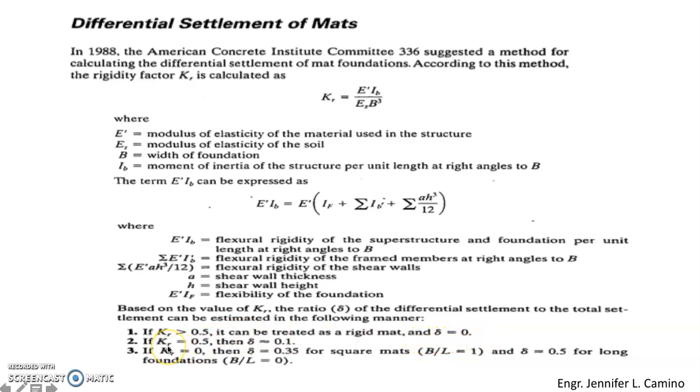If the rigidity factor is equal to 0.5, our differential settlement is equal to 0.1. If the rigidity factor is equal to 0, then our differential settlement for square mat foundation, which has a ratio of B all over L equal to 1, is equal to 0.5, and for long foundations, wherein the ratio of B all over L is equal to 0.